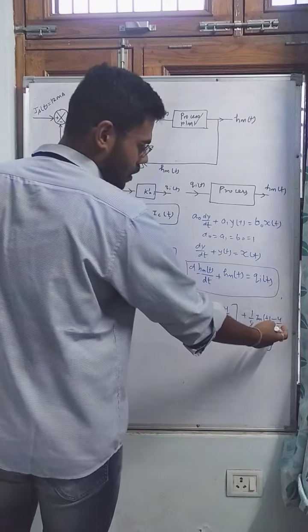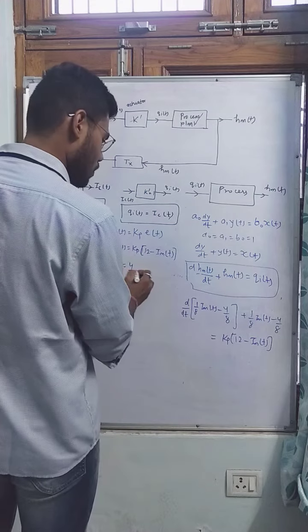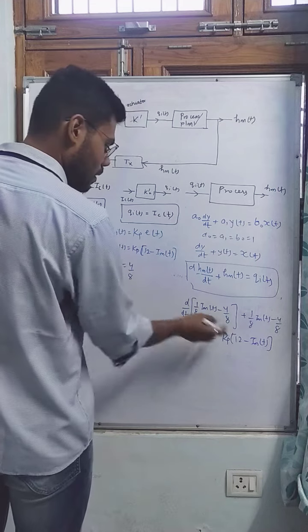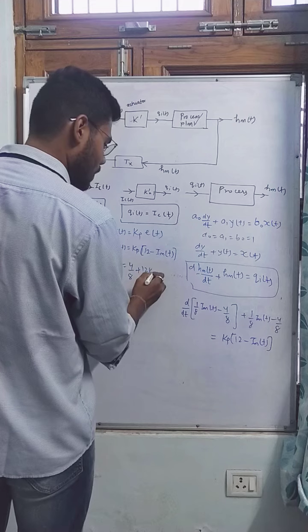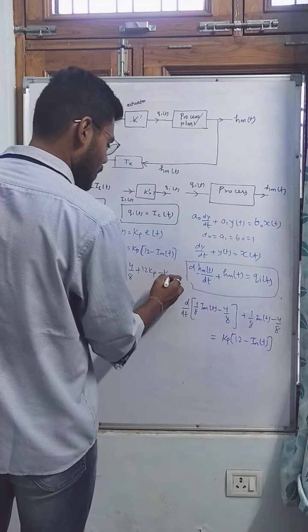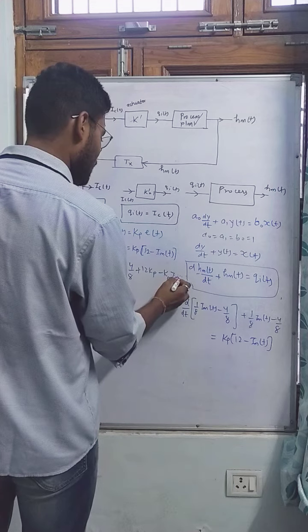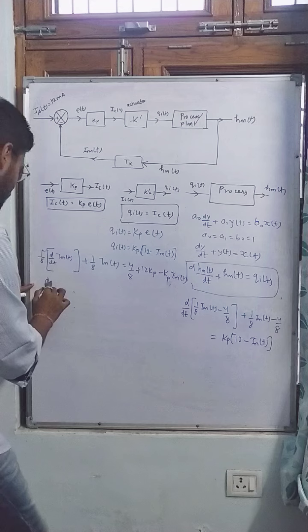I am taking this 4 by 8 to that side. So minus 4 by 8, while going to the right side, it will become plus 4 by 8. I will multiply kp inside: plus 12 kp minus kp into imt. Now take LCM of 8.